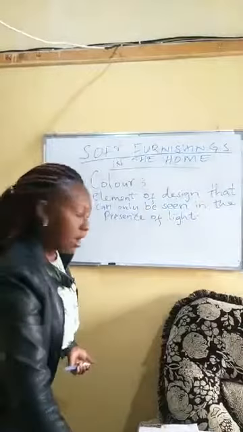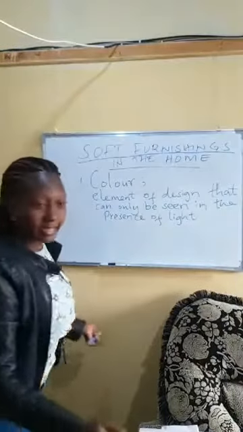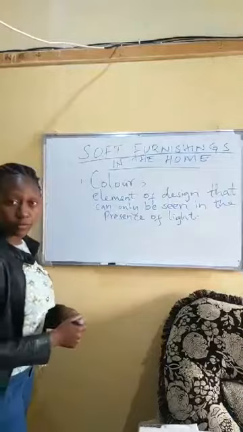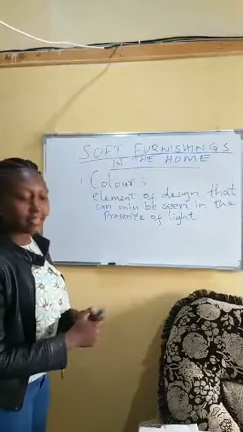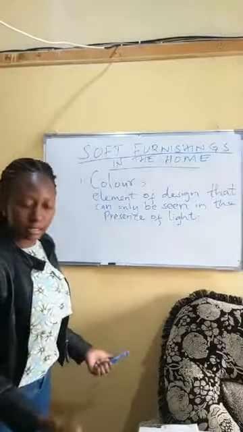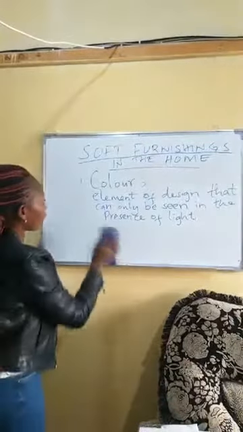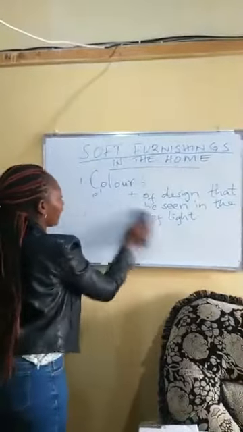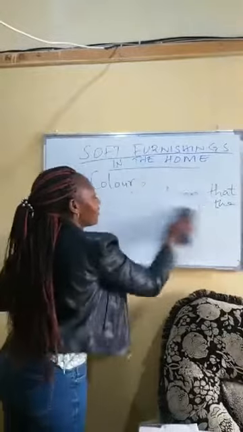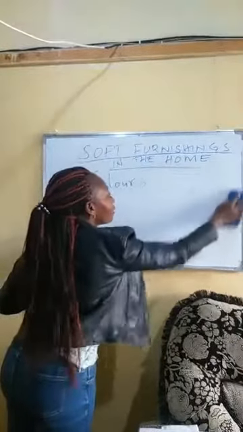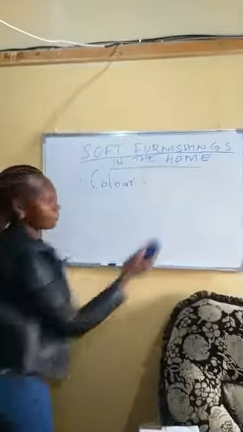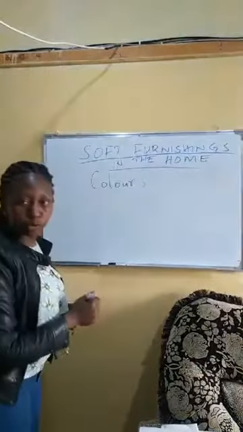Now, after we've known what color is and what is needed for us to be able to see color, there are terms that I'll be using in most of our learning area, and these terms are related to color, so you have to know what they mean for you to understand.